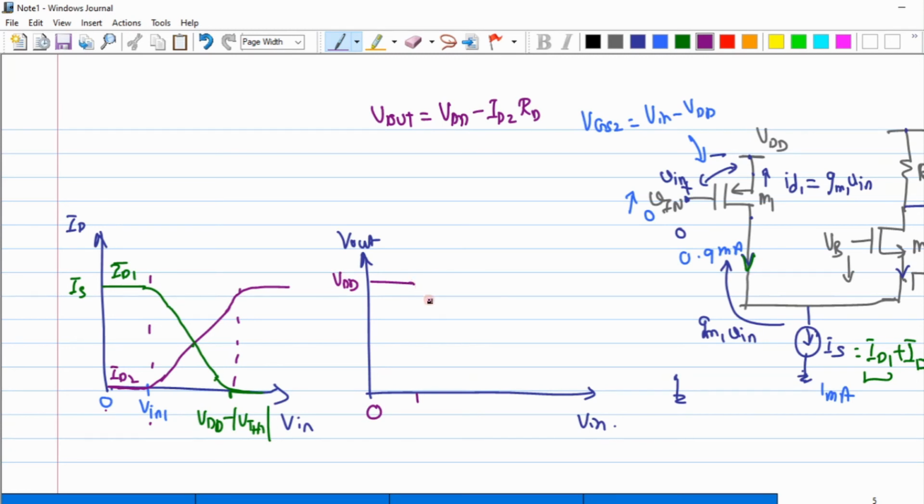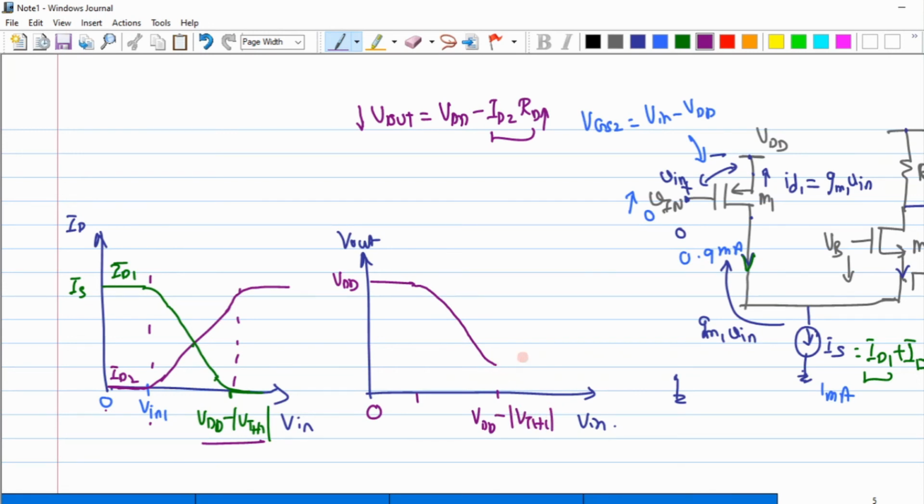Now, after this, what happens? The current through this ID2 starts rising, which means that this quantity keeps rising, due to which the output steps down. Clear? So it is stepping down, and when I reach a particular value of Vin, equal to VDD minus VTH1, what happens to my M1 transistor?